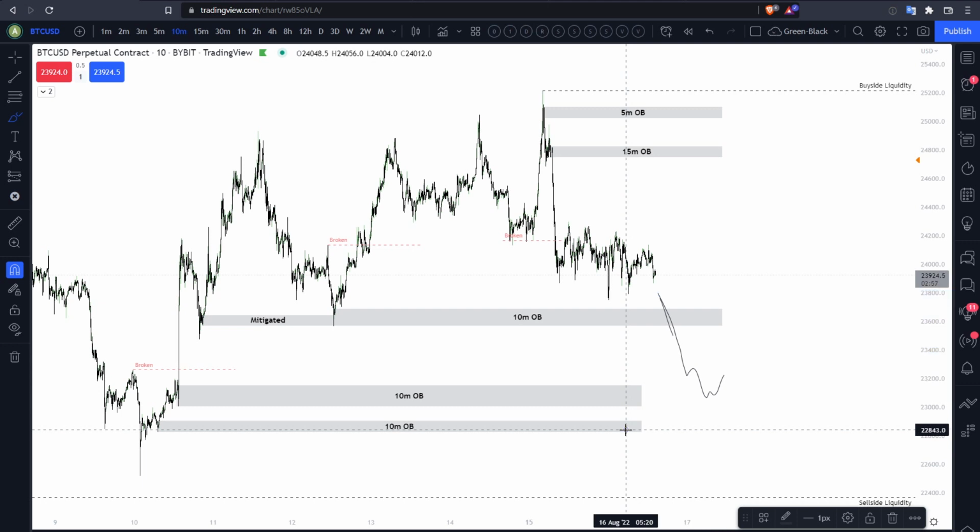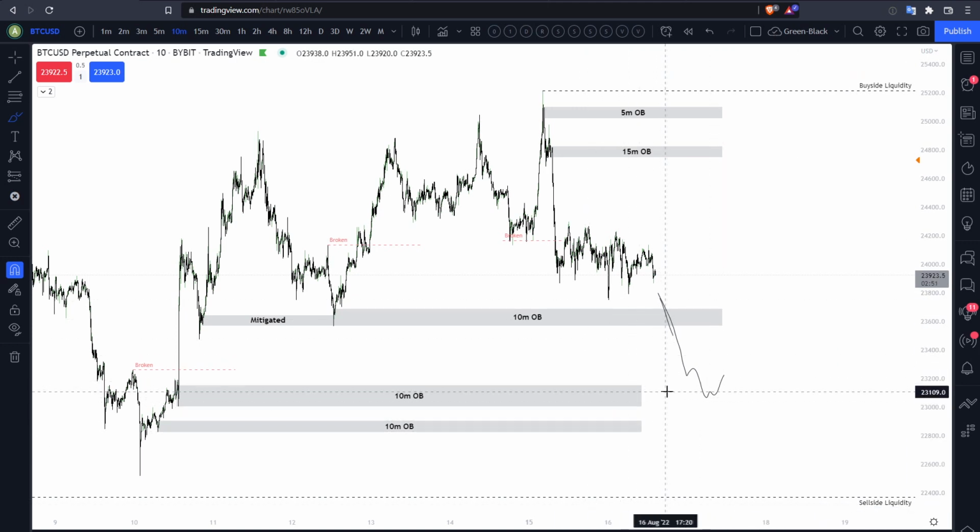Now, the beauty of this strategy is that I know at which level I want to look for any kind of reaction, and once the price arrives there, I know what to look for. I want to look for a reversal pattern, some kind of Wyckoff accumulation or distribution pattern, which signifies a reversal where I can enter a trade.